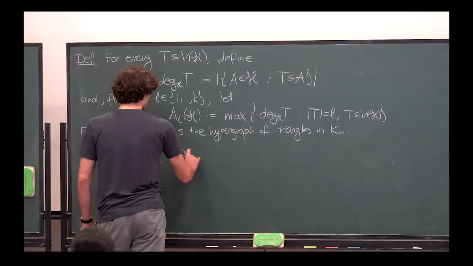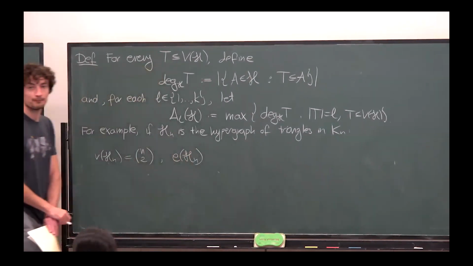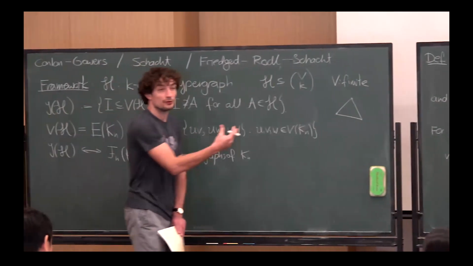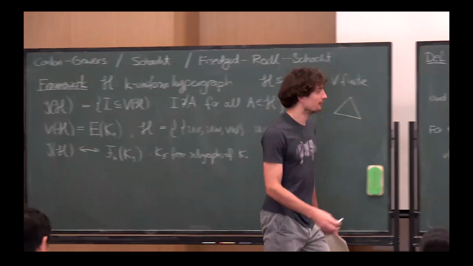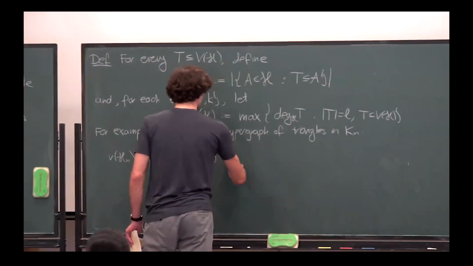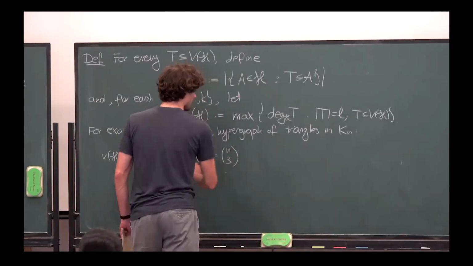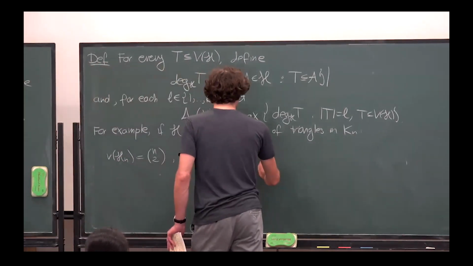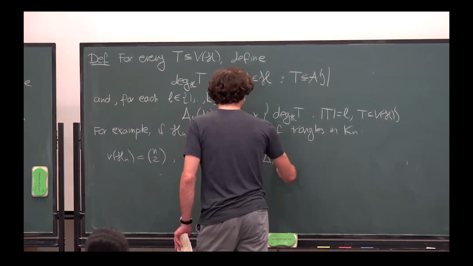Now, what is the number of hyperedges? Hyperedges correspond to the triangles in the complete graph. So this is simply n choose 3. Now, what is the maximum degree here?